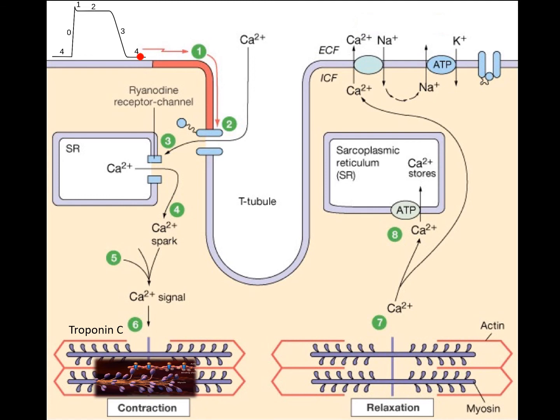So that's how calcium which entered the myocyte during depolarization releases more intracellular calcium, stimulating troponin C protein, the contractile protein of the myocyte, and causing contraction in the myocyte.